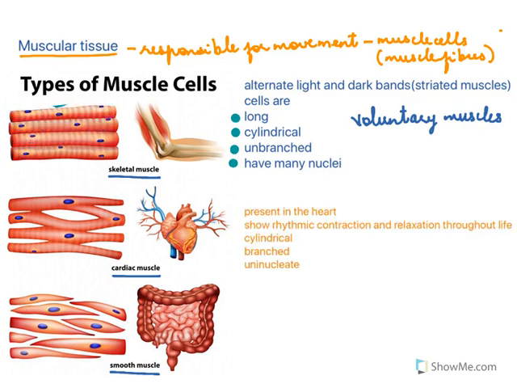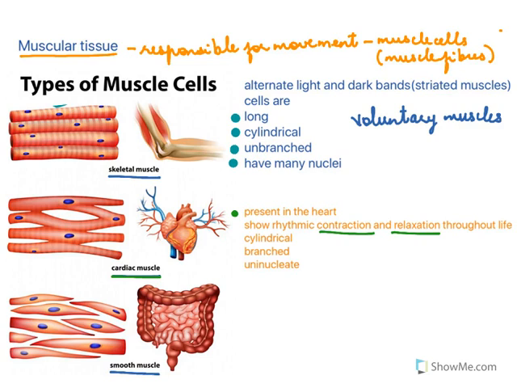So we'll study the next type of muscles. They're called the cardiac muscles. And from the name only you know, the cardiac muscles must be present in the heart. Now these muscles show rhythmic contraction and relaxation. That is why our heart starts beating even before we are born.